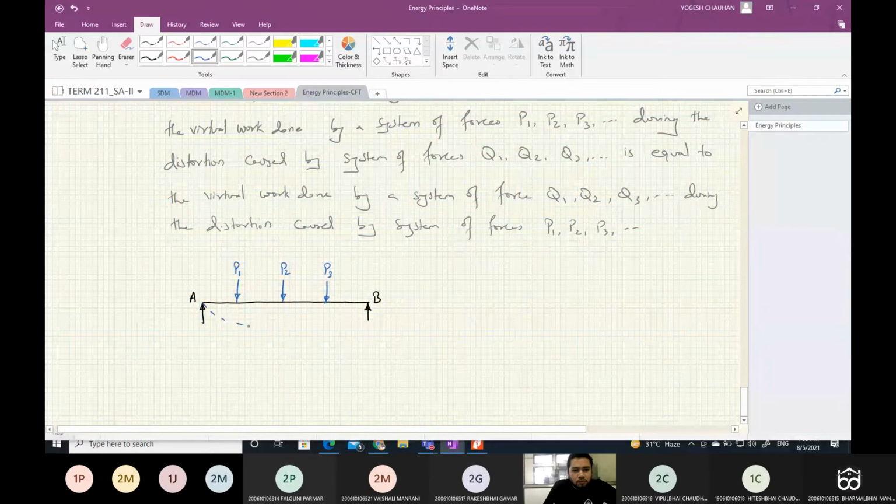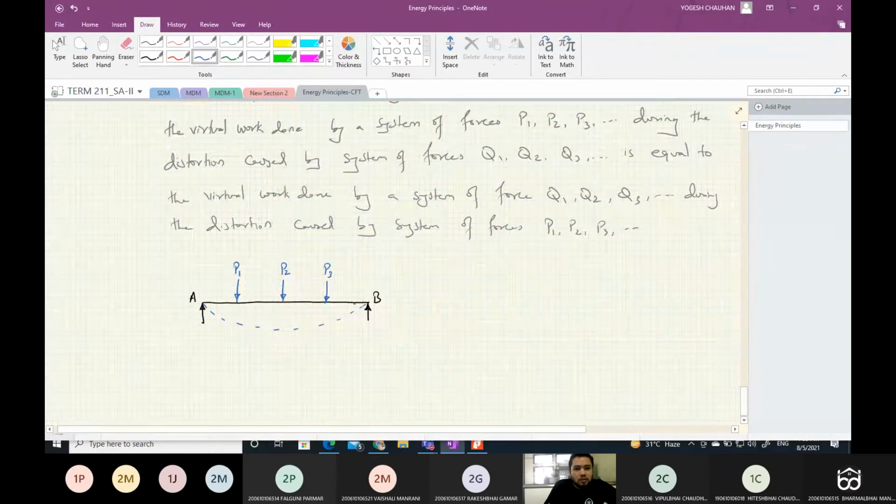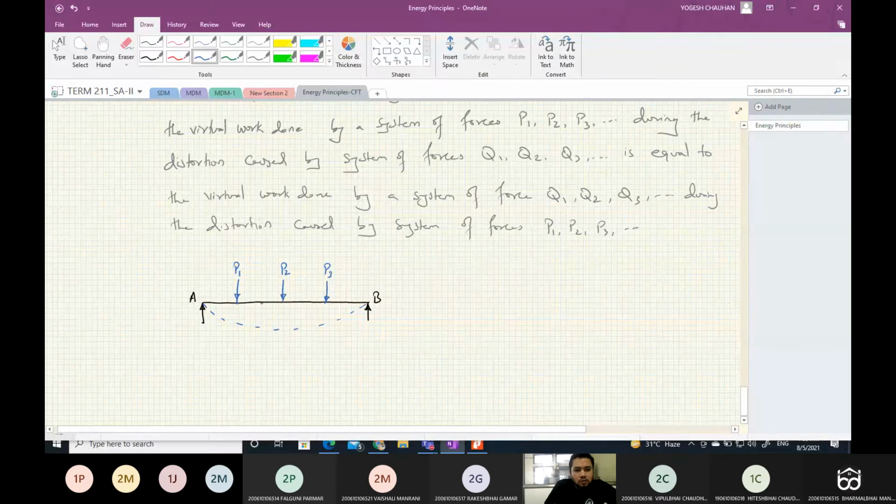And because of this system of forces, the deflection at any other point, which is, let us say, this is point Q, the deflection here be y1, the deflection here be y2, and the deflection here be y3.